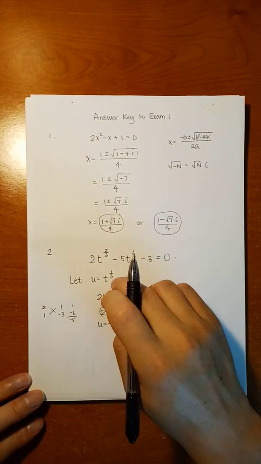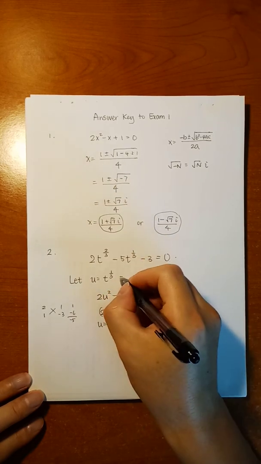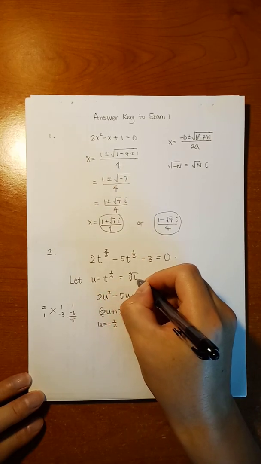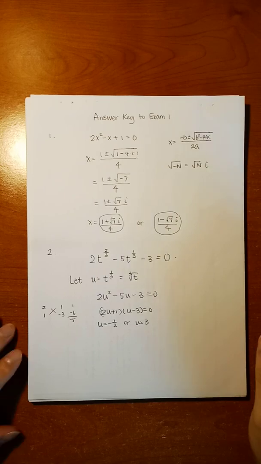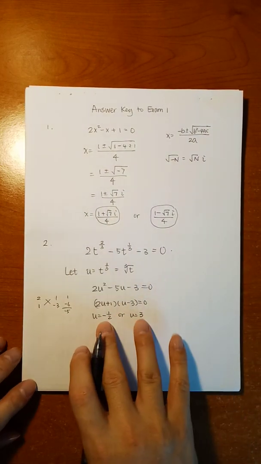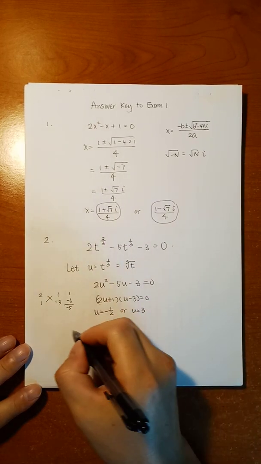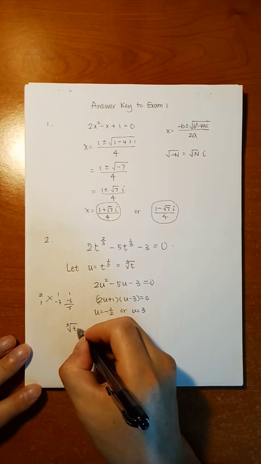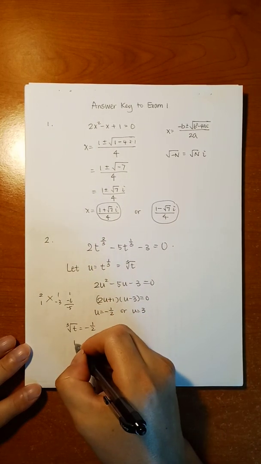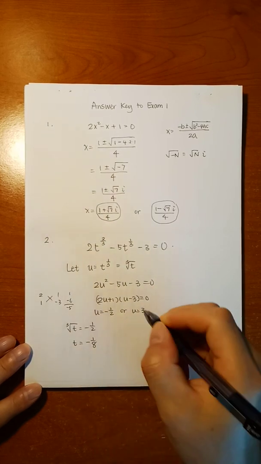And u is t to the 1/3, which is the cube root of t. The cube root of t can be positive or negative, so both numbers have to be considered. When the cube root of t is negative 1/2, t is negative 1 over 8.